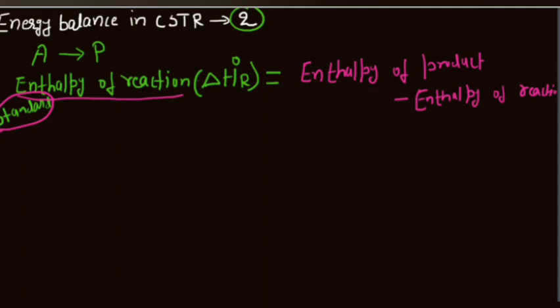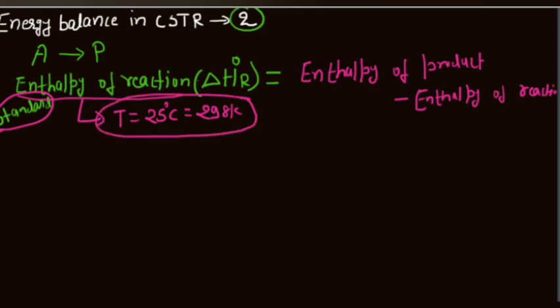Now understand why I am telling you the standard enthalpy of reaction. The reason is, if you calculate the enthalpy of reaction at a temperature of 25 degrees centigrade, that means 298 Kelvin, then it is called the standard enthalpy of reaction. Enthalpy is not an absolute quantity, because you can calculate the enthalpy of any reactant, product or substance only with respect to some reference.